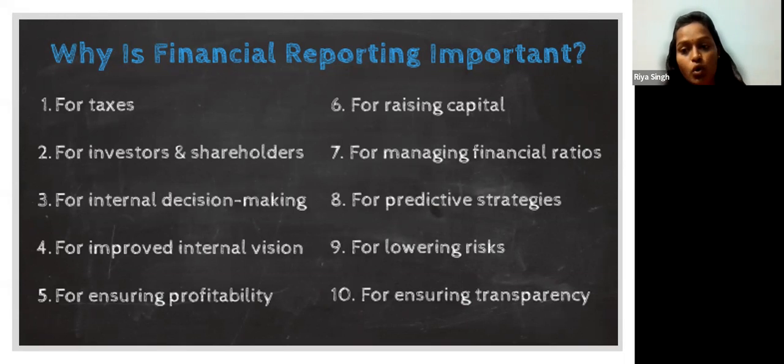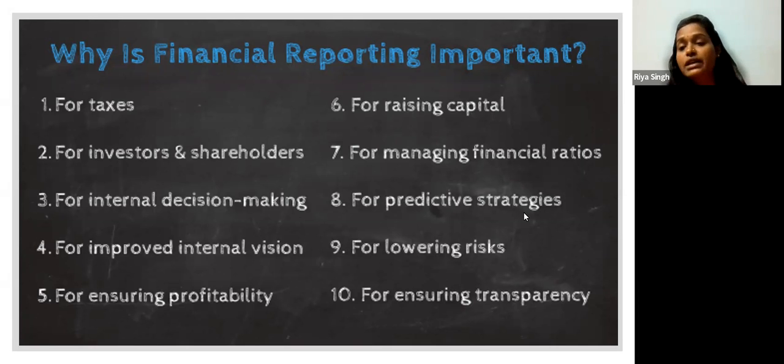If we are doing good, if our financial reporting is good, in that case we can predict the strategies regarding future growth, that we can grow in other product lines and all. But if our financial position is not good, what should be the future strategies? So everything depends upon the financial reporting, what exactly the information we have got from our financial statement.